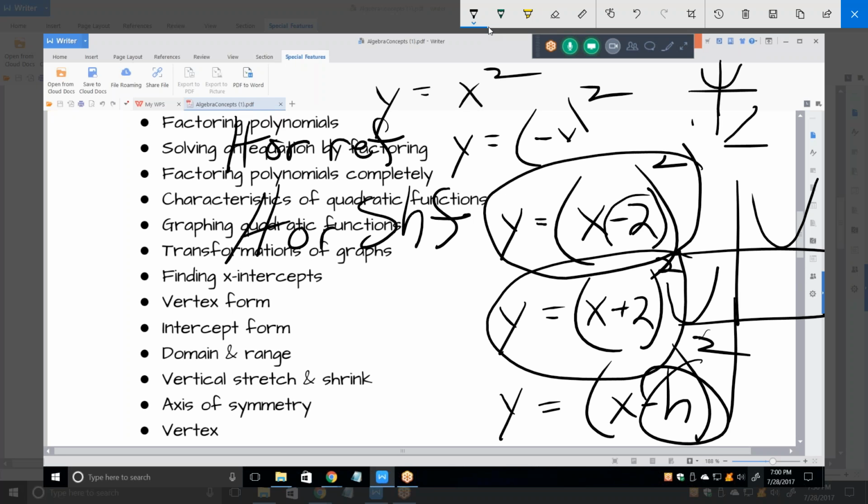You see why? If I made h negative 2, I would end up with x plus 2, because I would have x minus a minus 2. So when you're doing horizontal shifts, just remember that you kind of go in the opposite direction of the sign. If it says x minus 2, you go to the right. If it says x plus 2, you go to the left.